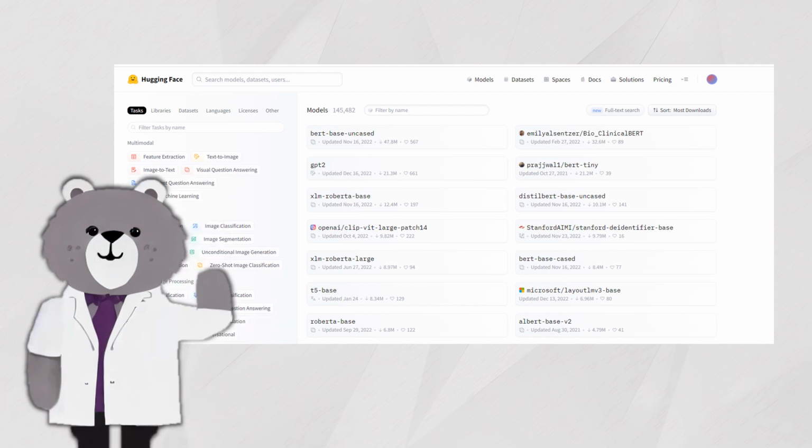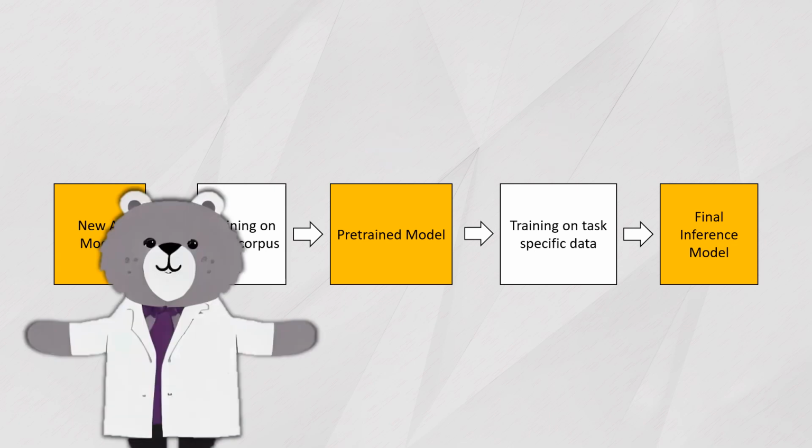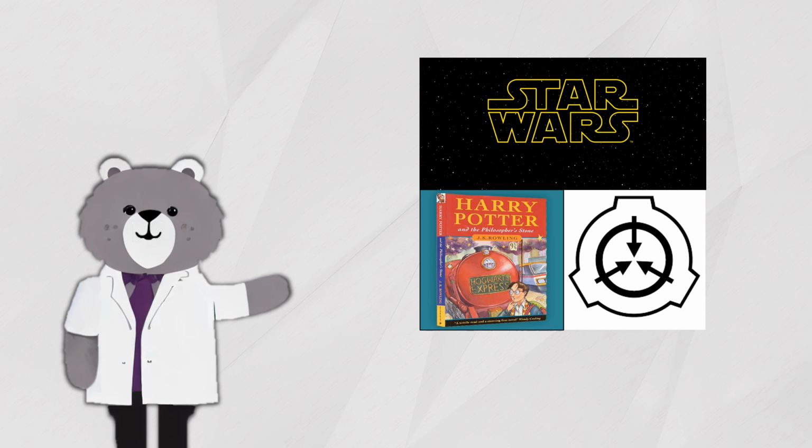But we can fix this. By taking a pre-trained model, we can adapt it through transfer learning to suit our needs. By showing our pre-trained model more task-specific data, we can train our language models to do virtually anything we want. You can teach it how to generate Harry Potter books, Star Wars scripts, or even new SCPs.